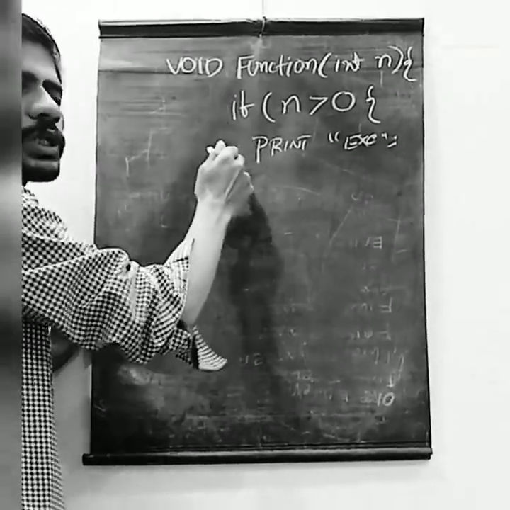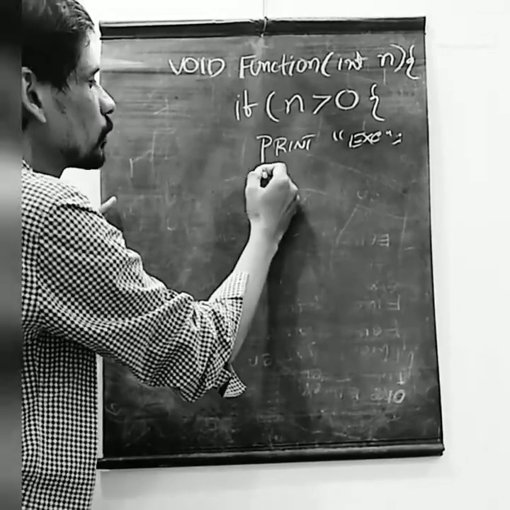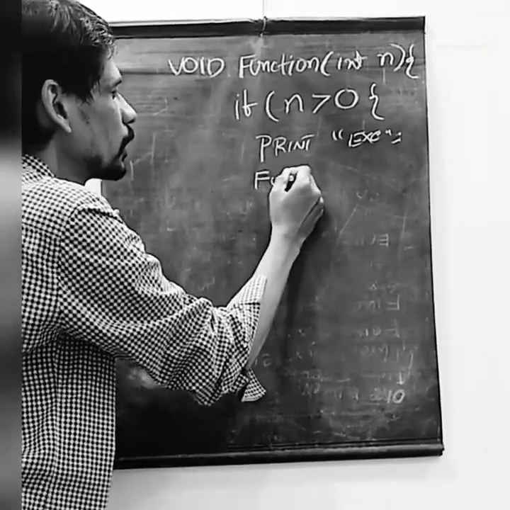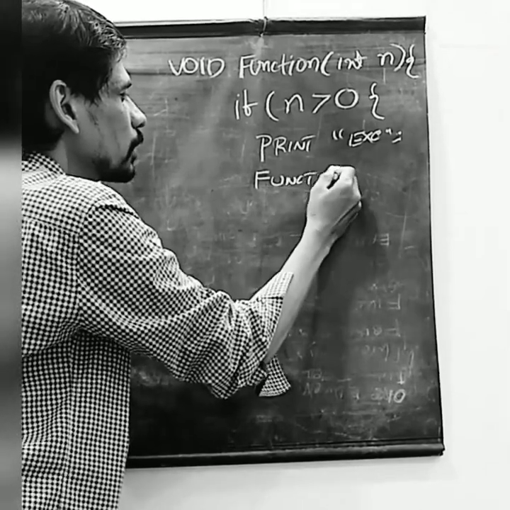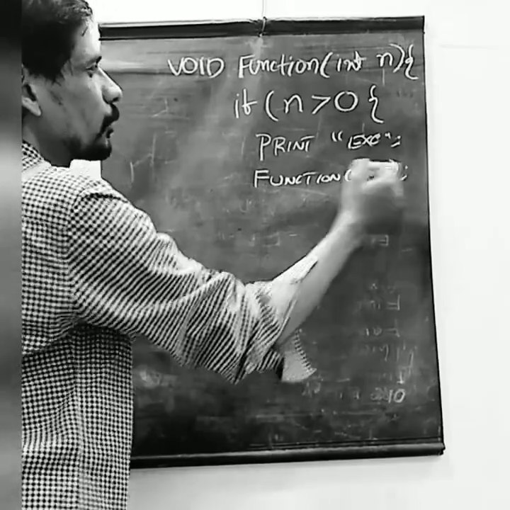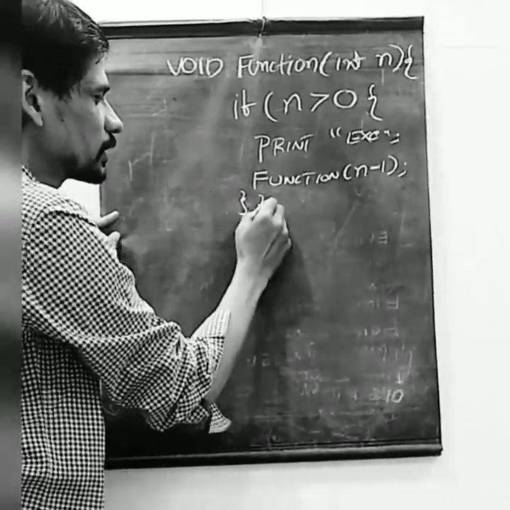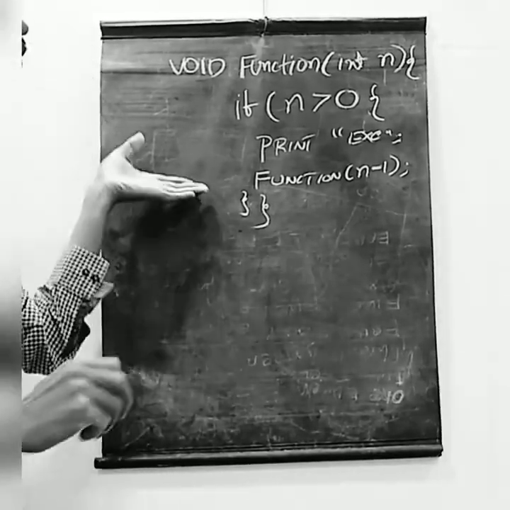These two statements are normal statements, right? But now we will call the same function with n minus 1. So this is my piece of code.